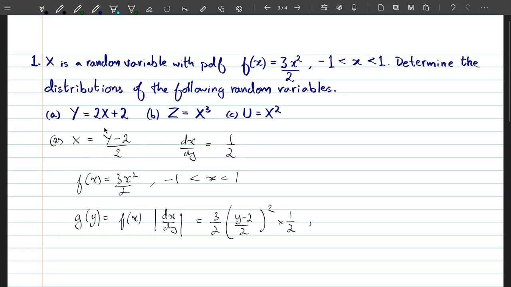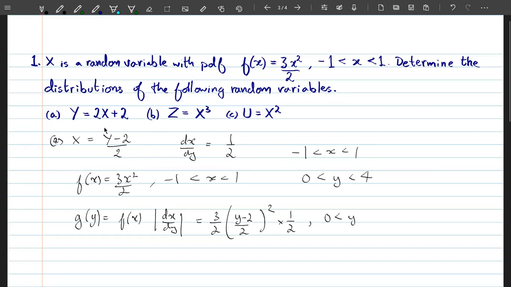Now what is the range of y? So if minus 1 less than x less than 1, then we have y equals 2x plus 2, right? So here multiplying by 2 and adding 2, you will get 0 less than y less than, here multiplying by 2 and adding 2, we get 4.